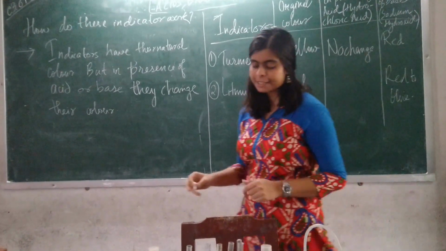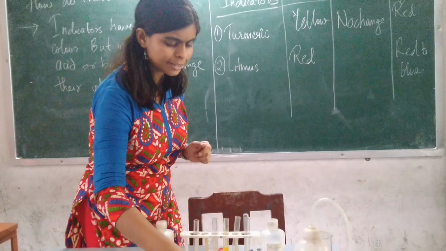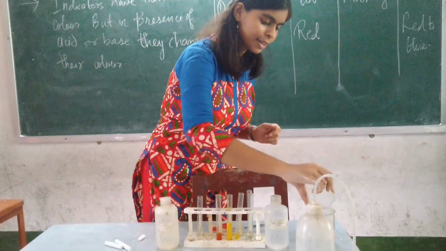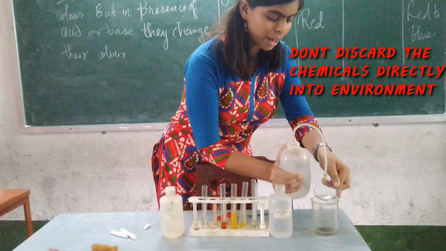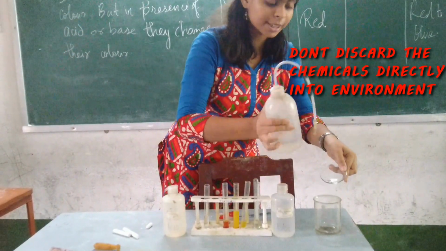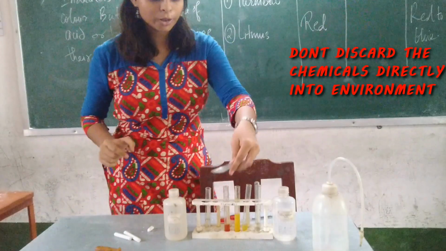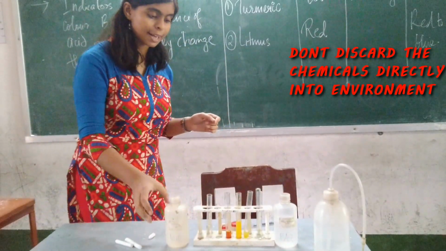Now let's again do it with the acid. What does it do when we add some acid? When we are working with chemicals, we have to be very careful. We can't discard the chemicals directly in the open environment, as I told you in the beginning, they are corrosive and hazardous.